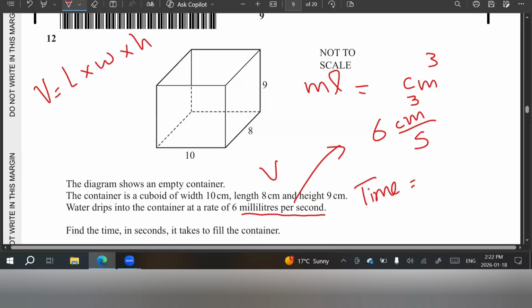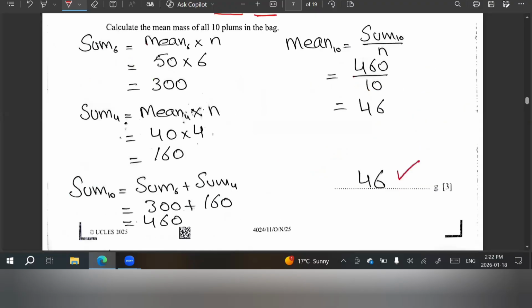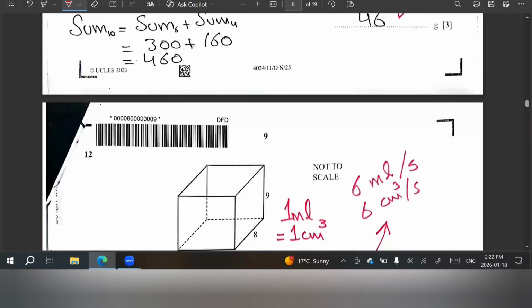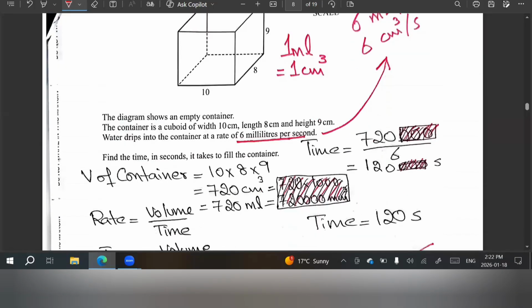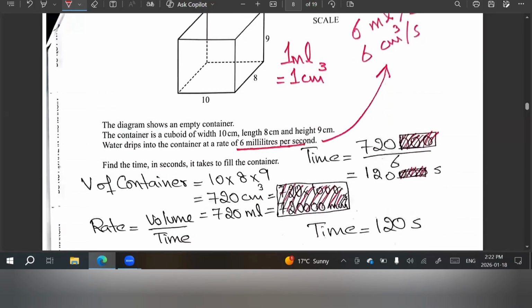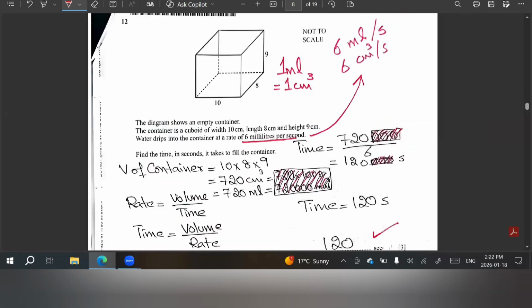The time will be equal to the volume divided by the rate. Let me show you here. So here we go.